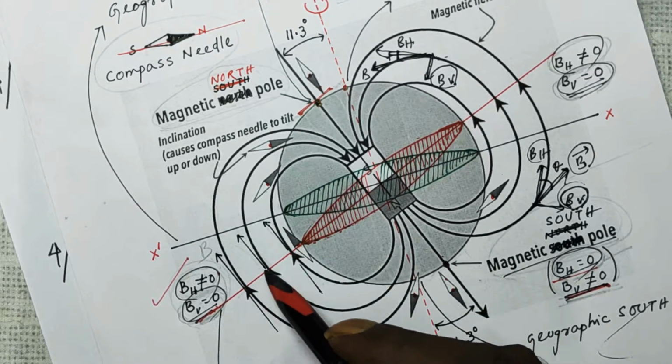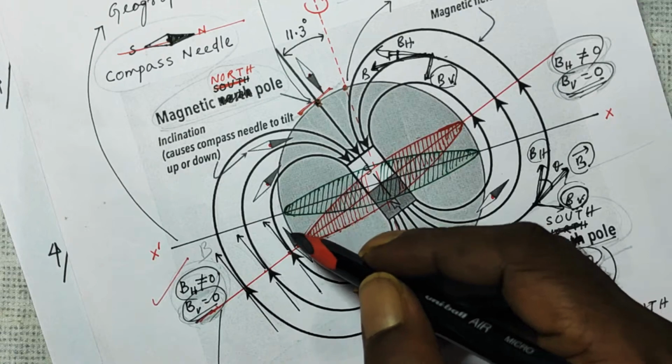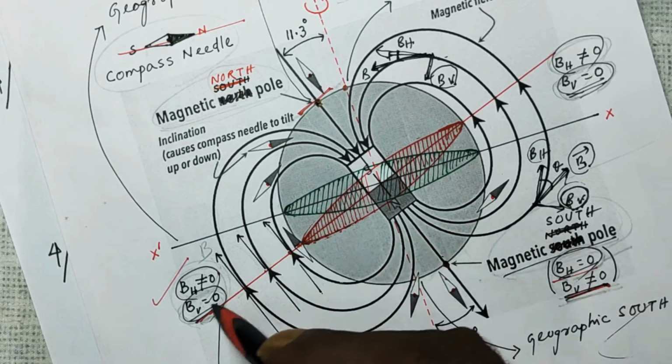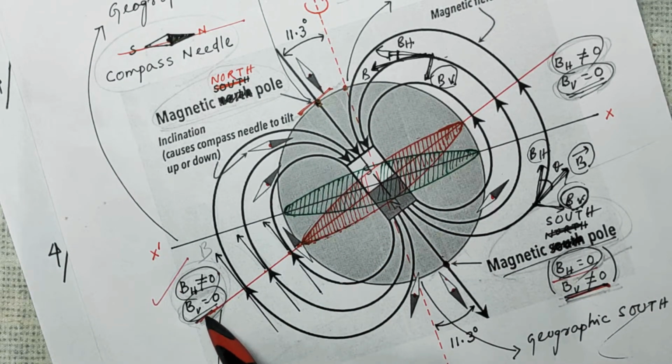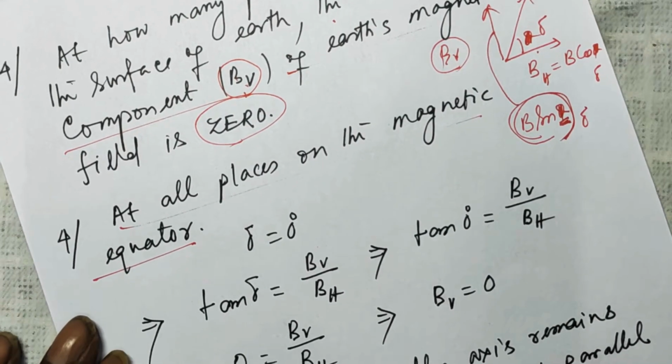The tangent at any line of force gives the direction of the magnetic field at that place. Since the tangent is parallel to the surface here, it has no vertical component. It is totally horizontal. So if something is totally horizontal, its vertical component is 0.